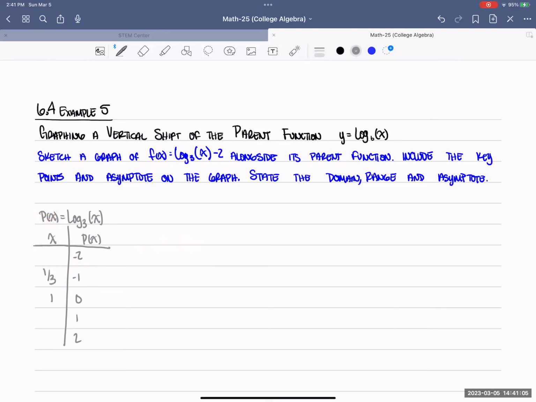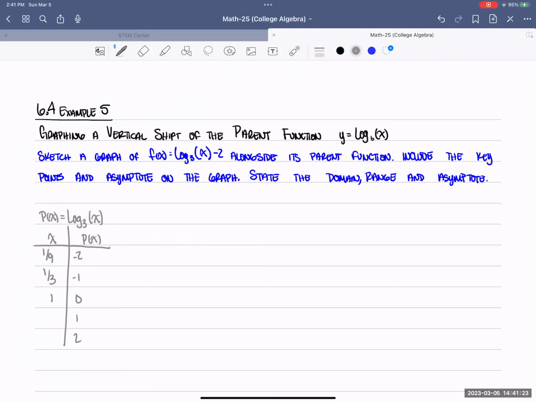And next for -2, we turn it from a logarithmic problem into an exponential problem. 3 to the power of -2 is 1/9.